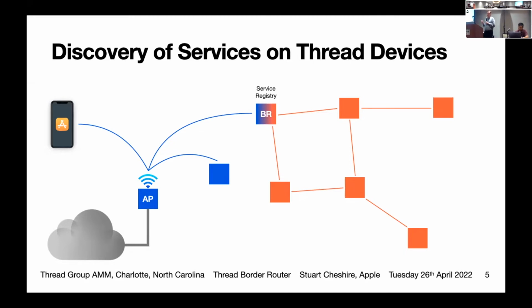So we took the opportunity with Thread to design something better, and that is that the border router has a software entity, a piece of infrastructure called a service registry.